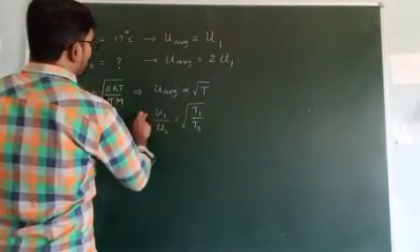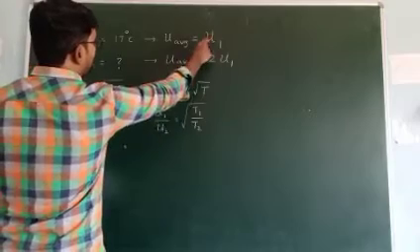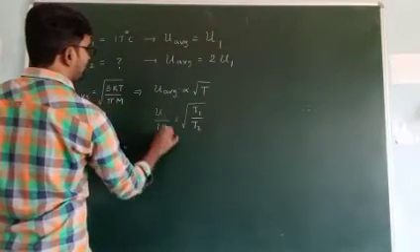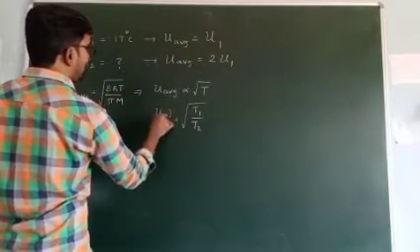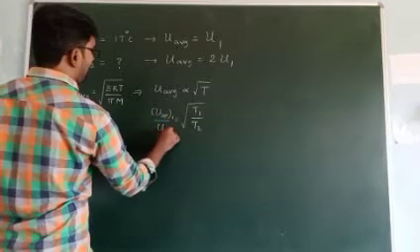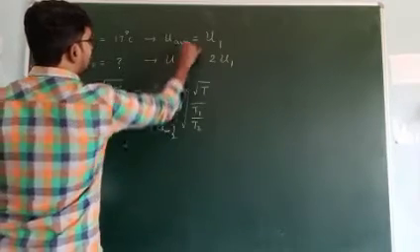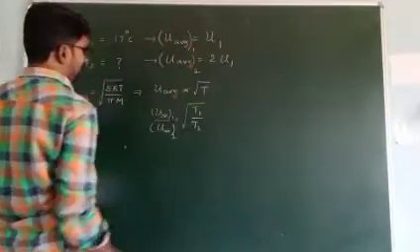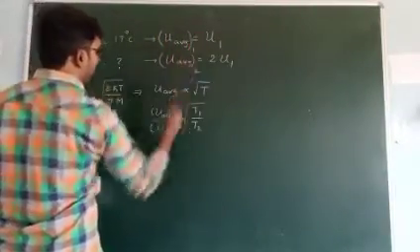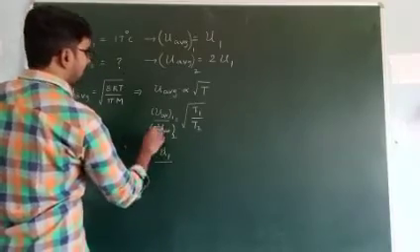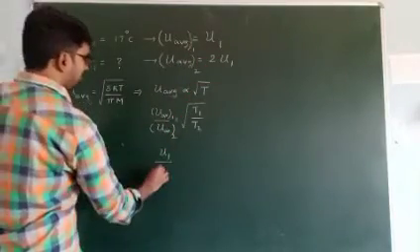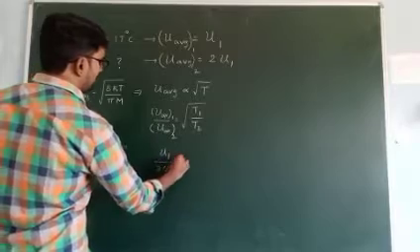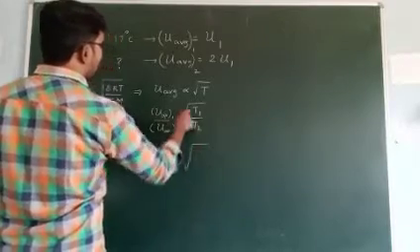Now, what is the U1 value? Sorry, don't write like this. U average first one by U average second one. Okay, U average first one value is U1, and in the second case that value is double, so U1 by 2U1 is equal to root over T1 value.